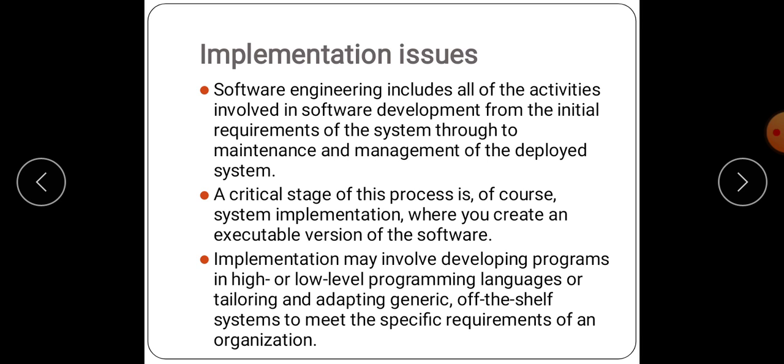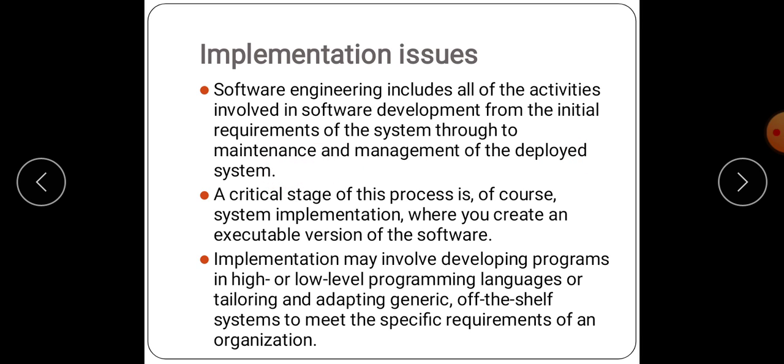implementation issues. What are the implementation issues? Software engineering includes all the activities involved in software development, from the initial requirements of a system through to maintenance and management of the deployed system.